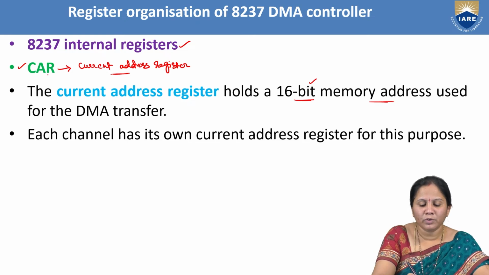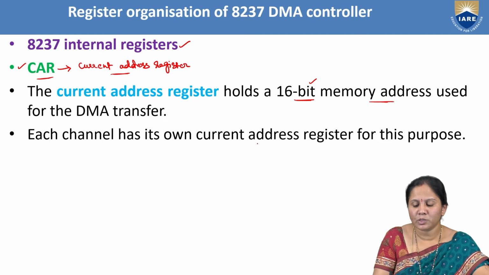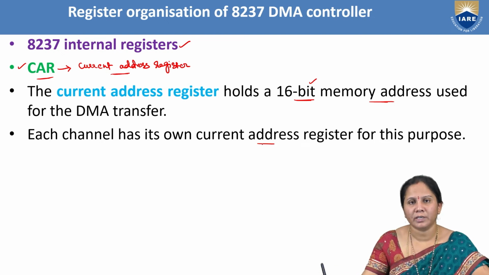Now, we have 4 DMA channels, and each DMA channel will have its own current address register. That is, a 16-bit current address register will be present in each of the 4 channels.